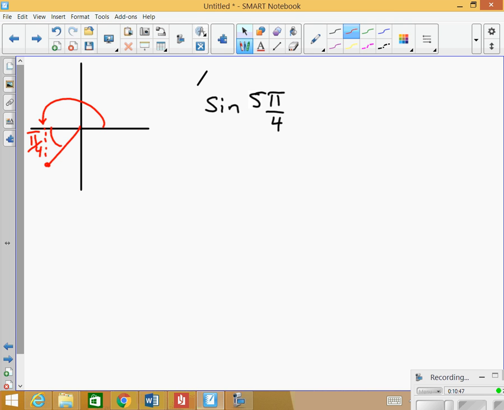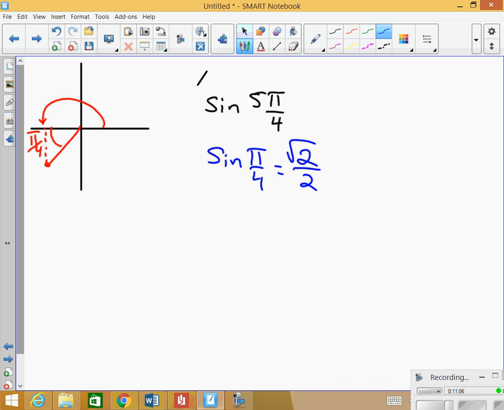Pi over 4 is a special angle that we know. Sine pi over 4 is going to be root 2 over 2.